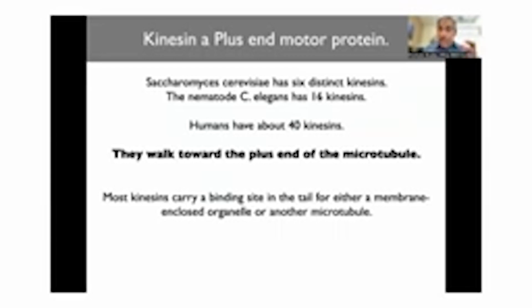The kinesin is essentially a plus-end motor protein. In humans, for example, there are 40 different variants of kinesins that can exist. As I said, these could exist in different cells. A cell does not have just one kind of kinesin. It could have a mixture of kinesins, and this mixture could vary depending upon the type of cell you are looking at. So a cell A could have kinesin 1, 10, and 15. I'm just giving random numbers here.